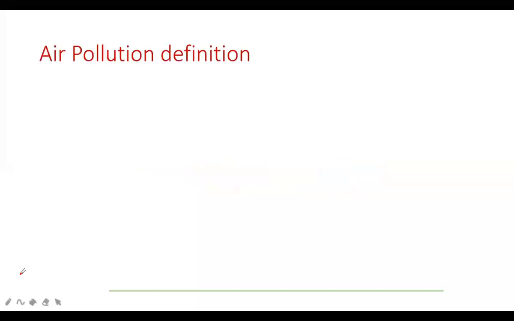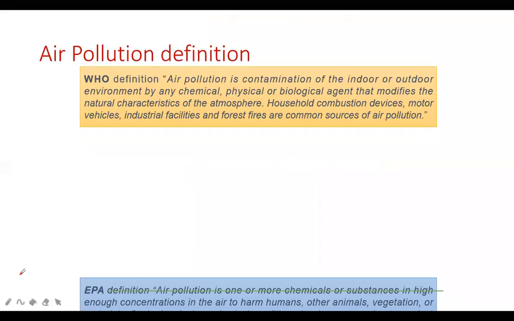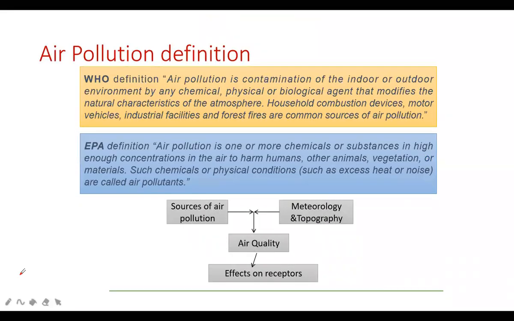So basically, once we have the air pollution definition, I want to discuss these things in detail with you. This is the most obvious part which is of concern worldwide: air pollution.